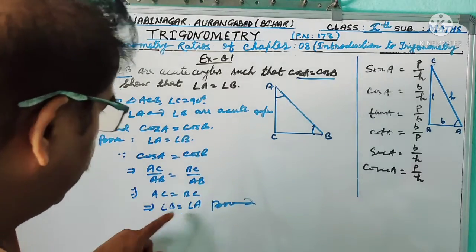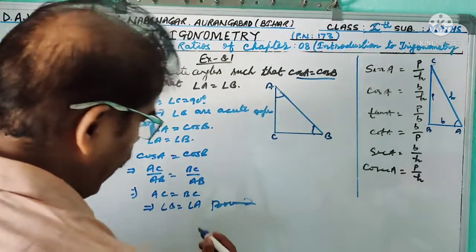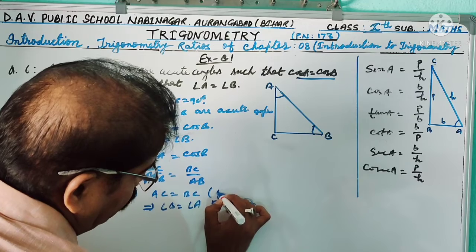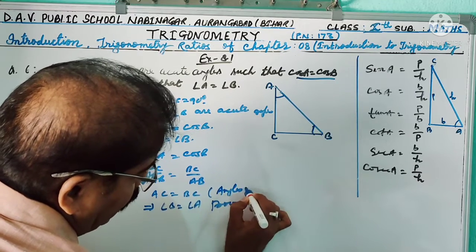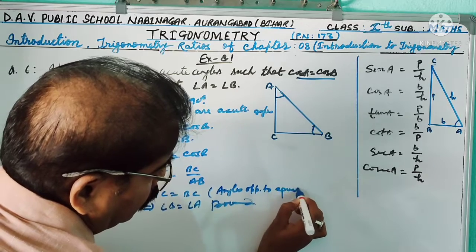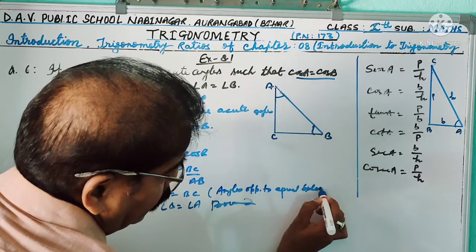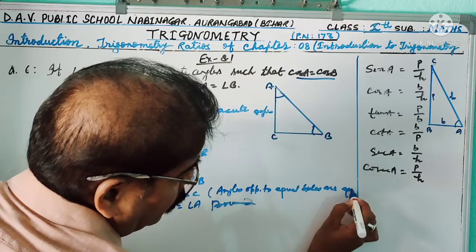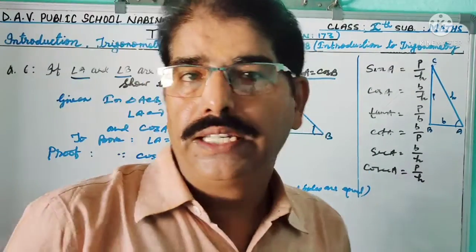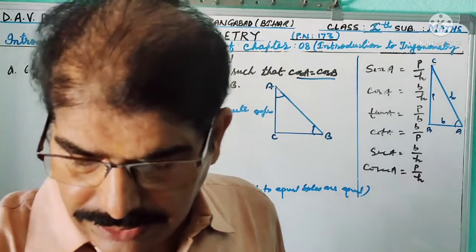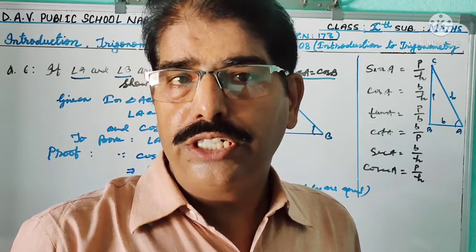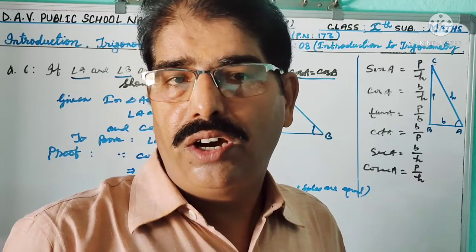Since AC equal to BC, so angle B equal to angle A. Angles opposite to equal sides are equal. Hence B equal to A. So dear friends, another question you solve in same way.